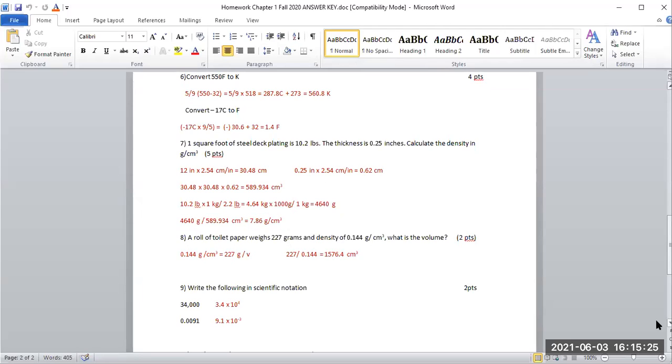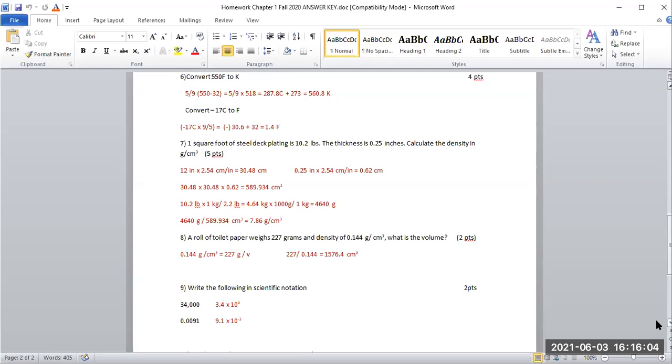The volume of your steel deck plate is 589.9 cubic centimeters. You have 10.2 pounds. I used the rounded version when I did the answer key for this, 2.2 pounds per kilogram. So this steel deck plate weighs 4.64 kilograms, which I then need an additional step for. I need to multiply it by 1,000 grams per kilogram because I want my final density to have the units of grams per cubic centimeter.